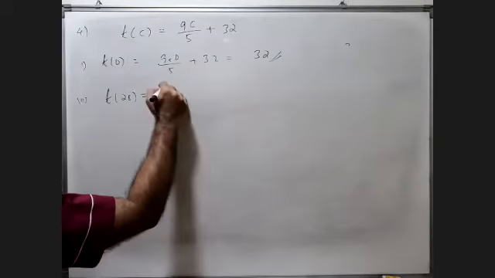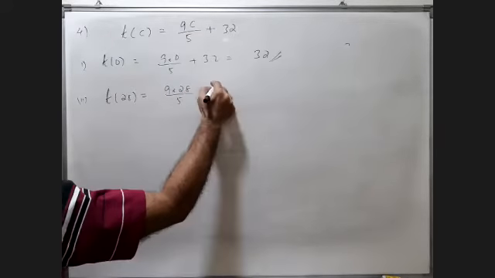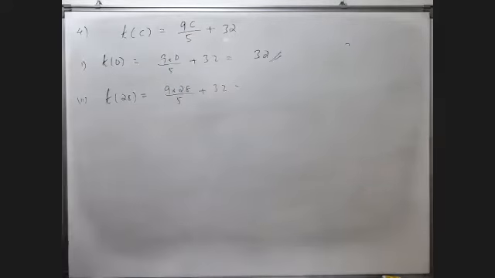T of 28 is 9 into 28 by 5 plus 32. Take LCM.